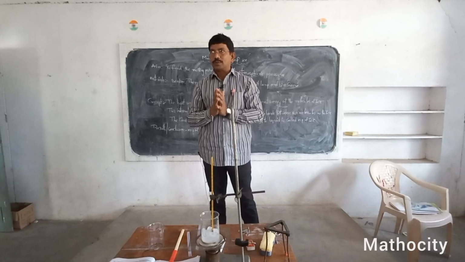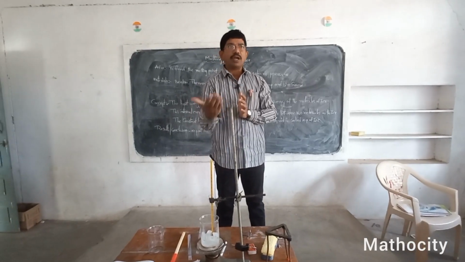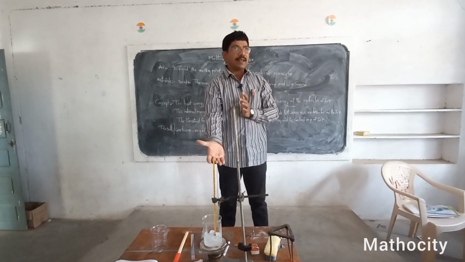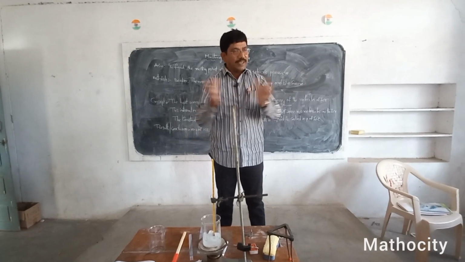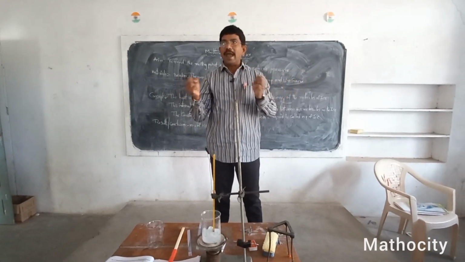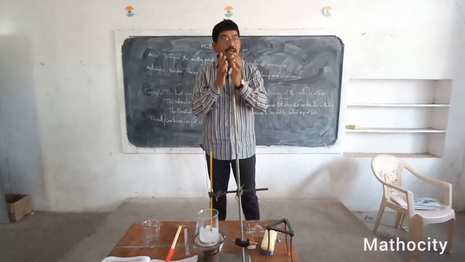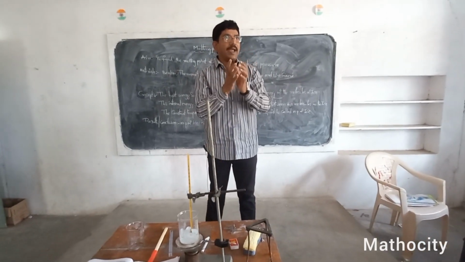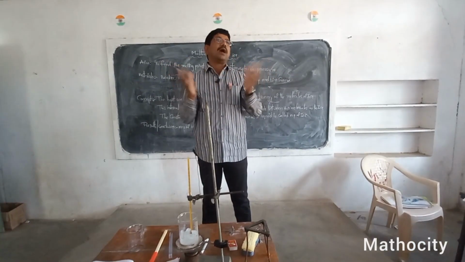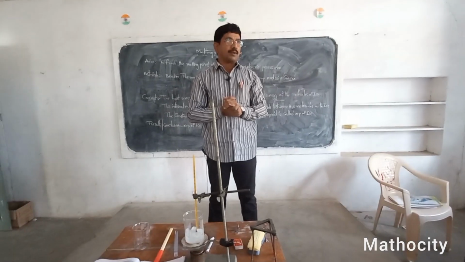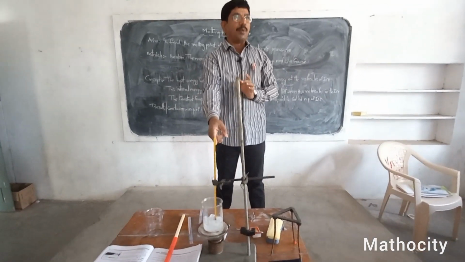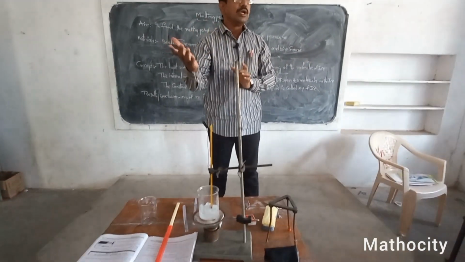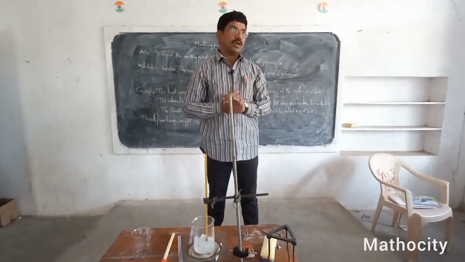When I supply the required amount of heat energy, the internal energy of the molecules increases and breaks the bonds between the water molecules, and that solid form of ice converts to liquid form.